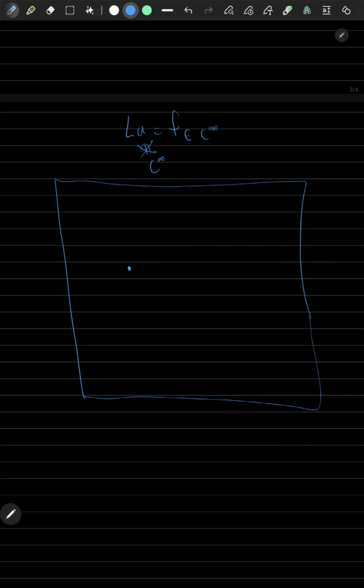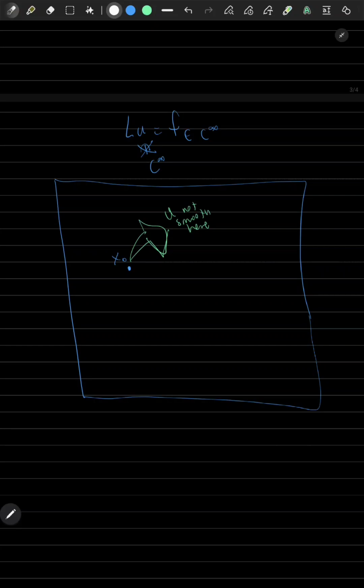So let's analyze U locally at a point, let's say x0. So this is a point x0. We've determined, let's say, that it's not smooth there. So U is not smooth here, but we would like to determine if it is smooth in a certain sense, and that sense would be in a direction.